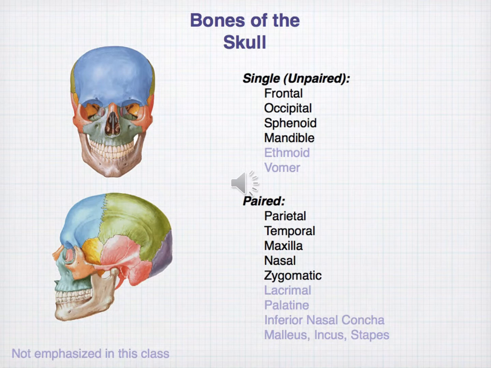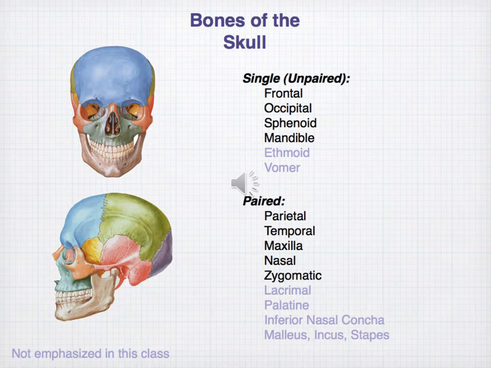These are the bones that we're going to focus on in this class. There are ones in a purple hue, or puce, that you don't really need to know for this class. They aren't quite emphasized. They're typically smaller bones. They're not quite significant. Yes, you should be able to identify them if you're a forensic anthropologist.